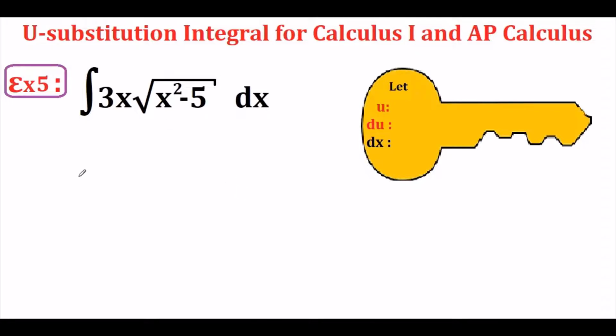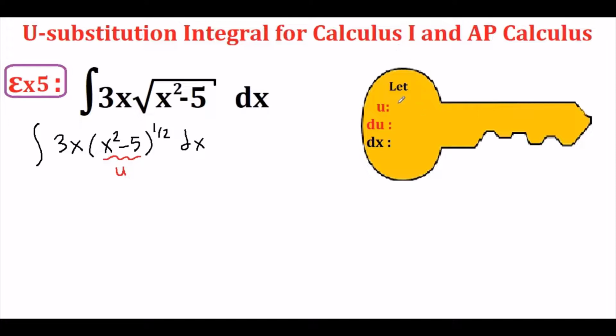Example 5. Our integral is 3x times square root of x squared minus 5 dx. We are going to rearrange this integral as 3x times x squared minus 5 raised to the 1/2 power dx. We are going to convert square root to the 1/2 power. Now we're going to call this part u.